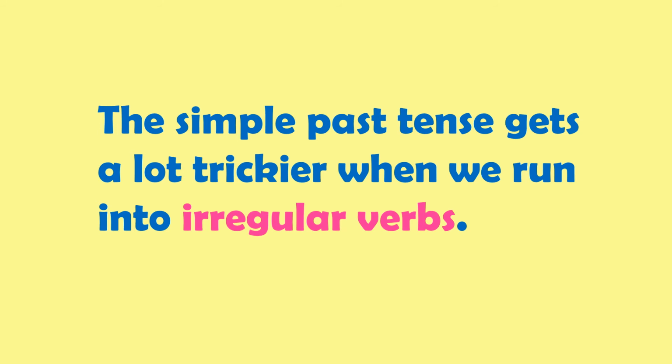Unfortunately, there is no general rule for how to form the simple past tense of irregular verbs. You will simply need to learn these verb forms, though there are some patterns, or use a dictionary to figure out what the simple past tense is.